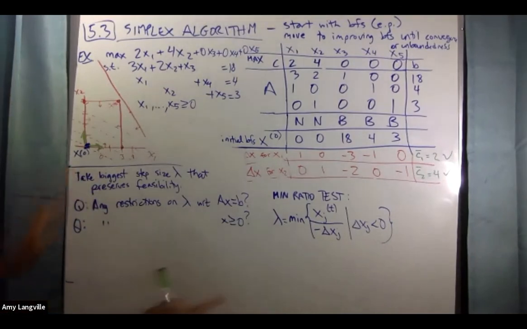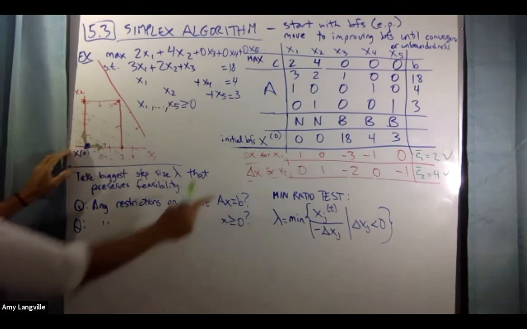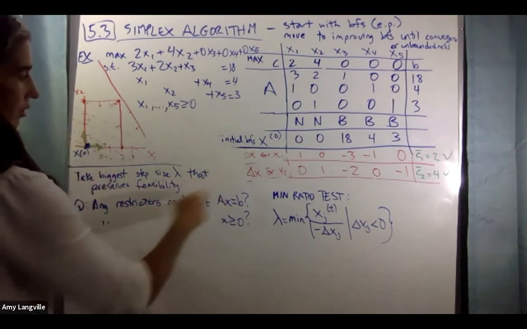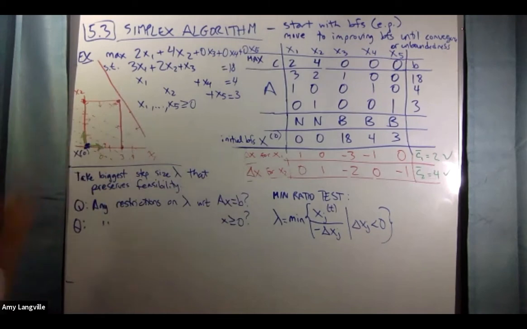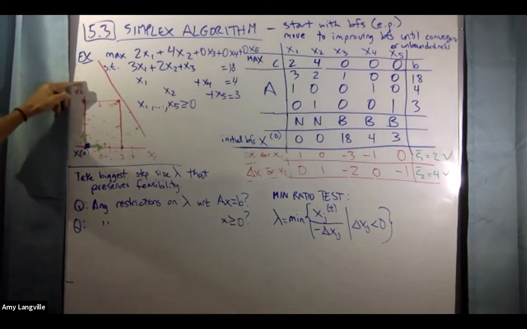We're going to take the biggest step size we can that preserves feasibility, because if we're here, and let's say we're following this direction, the x2 one, the change vector for x2, so we're going to go up this direction. We want to take the biggest step size we can that preserves feasibility. We don't want to stop here or here, and we certainly don't want to go past.